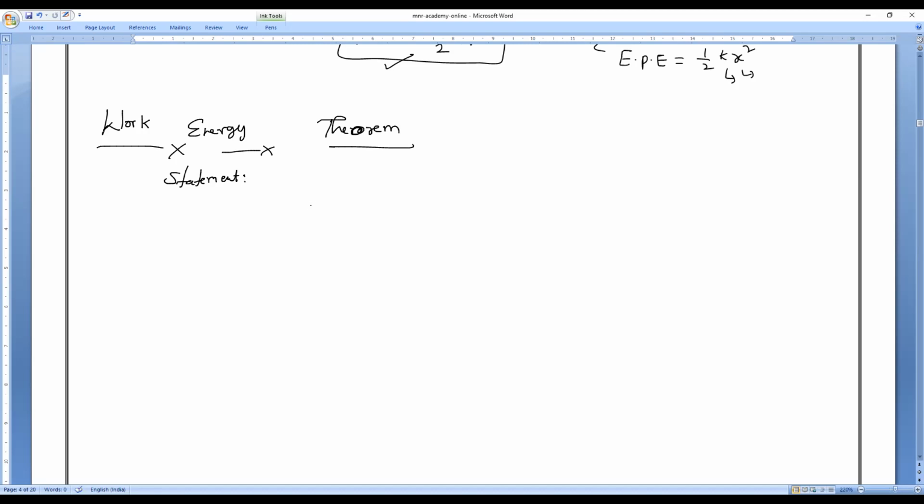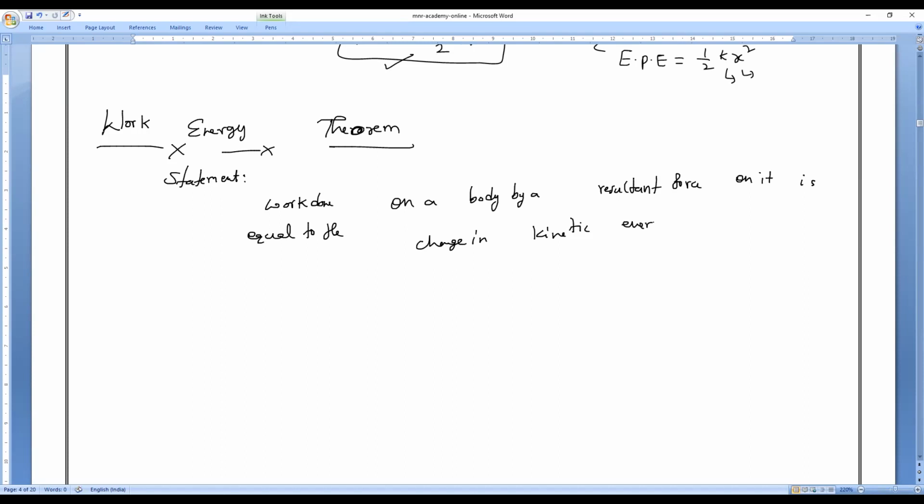Work done on a body, all of you write, work done on a body by a resultant force acting on it is equal to the change in kinetic energy of the body.